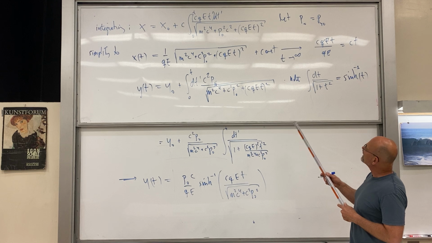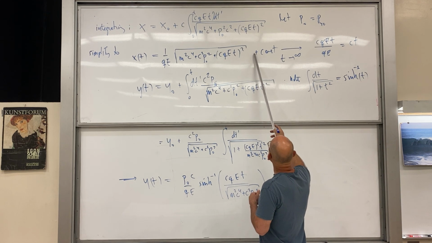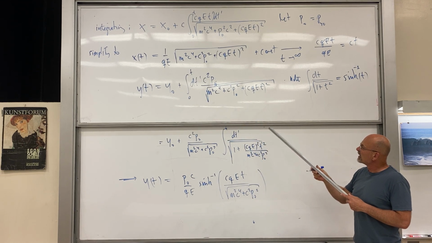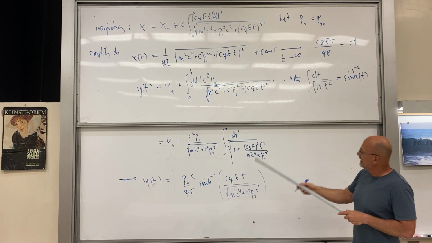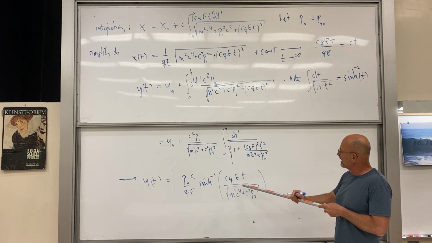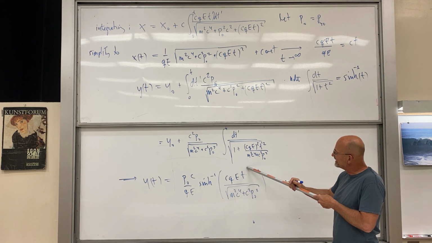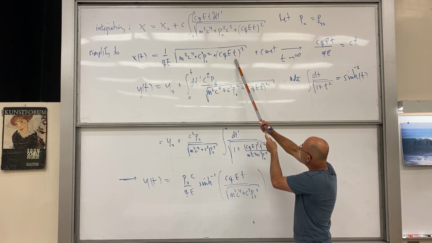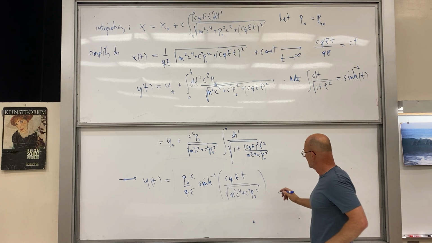However, what we can finally do, we have x up here in its complicated form. We can write y of x, or actually x of y. So to get x of y, we're going to solve for this numerator here, cqEt, which we find right here. So we'll solve for that and square it and plug it in.